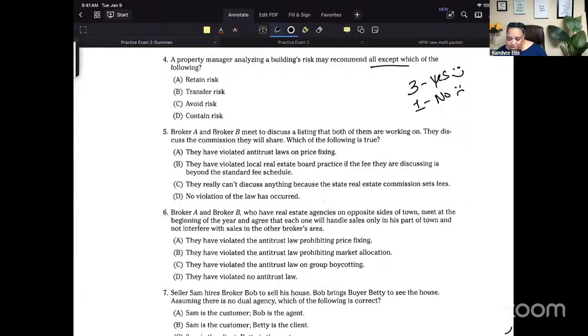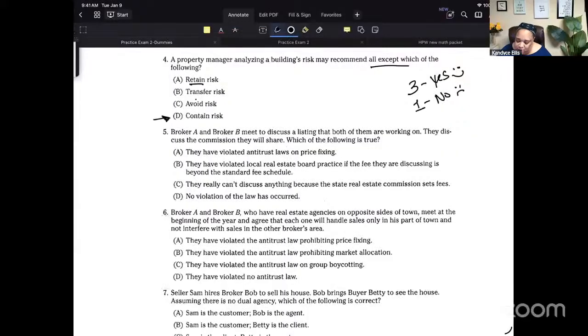So when I look at this, I remember what I read. And so I think, you know what? I think the answer is D, contain risk. I remember thinking, why would somebody want to retain risk?